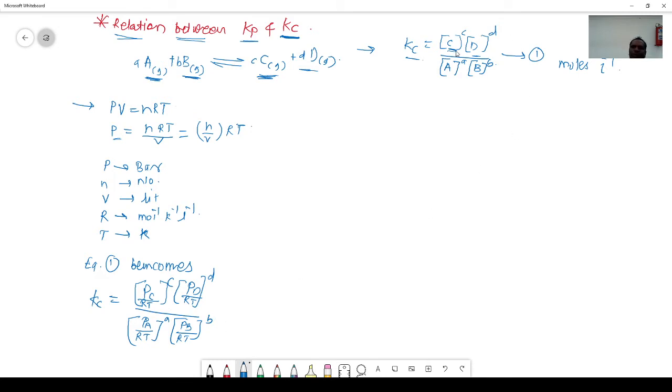We have replaced the concentration term with a pressure term.